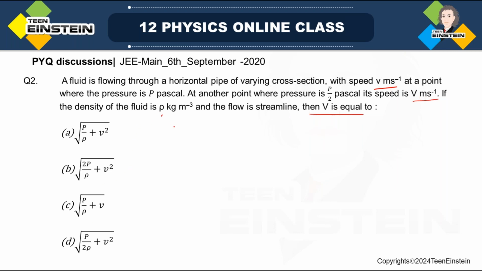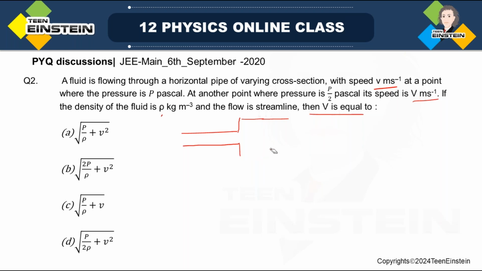This question can be easily answered. Let me just show you the situation, then you will get it by yourself. Suppose there was a horizontal pipe like this, with varying cross sectional area. Varying cross section means there will be pressure variation also, and it is horizontal.